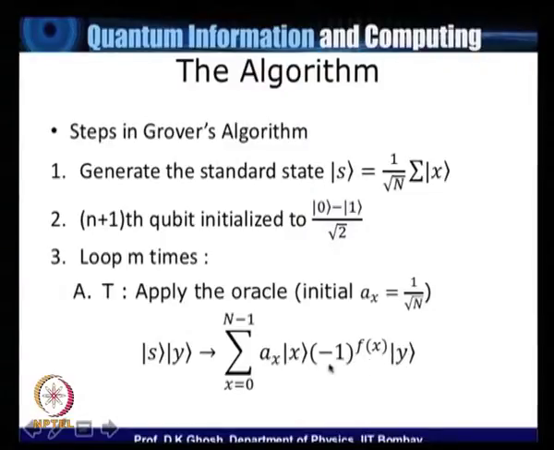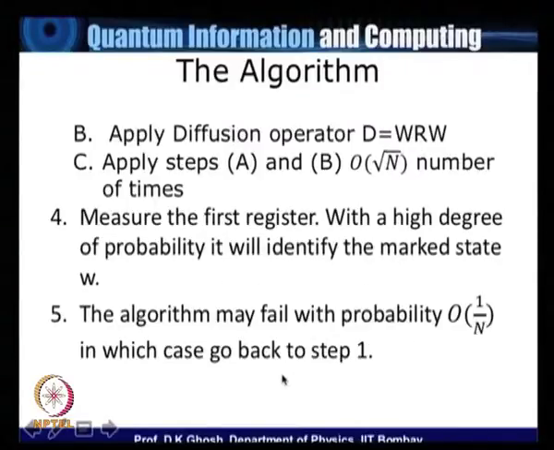We know that the oracle has calculated f of x, so therefore this is what I have done. Then I apply the diffusion, which we have said can be implemented by D equal to W R W. These two steps, step A and step B, I apply of the order of square root of n times.